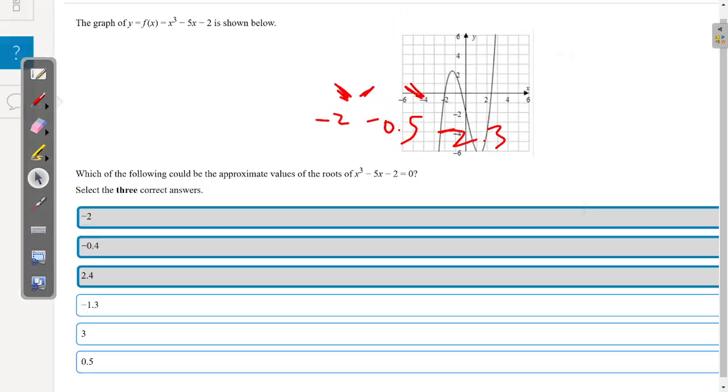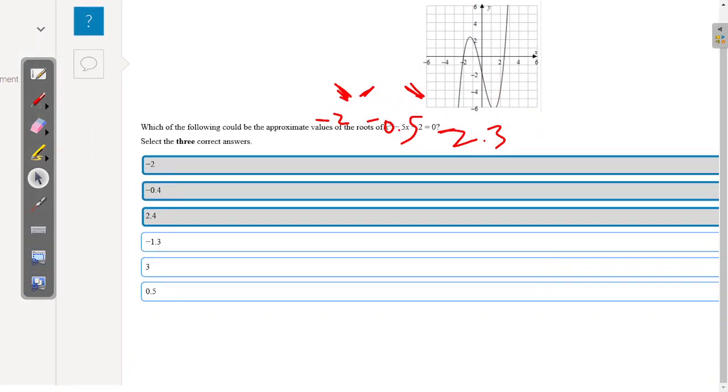So let's check: we have negative 2, correct. Negative 0.4, it's close to it. It's basically the same thing because you can't get the exact value. 2.3 is close to 2.4 also, so it's all correct.